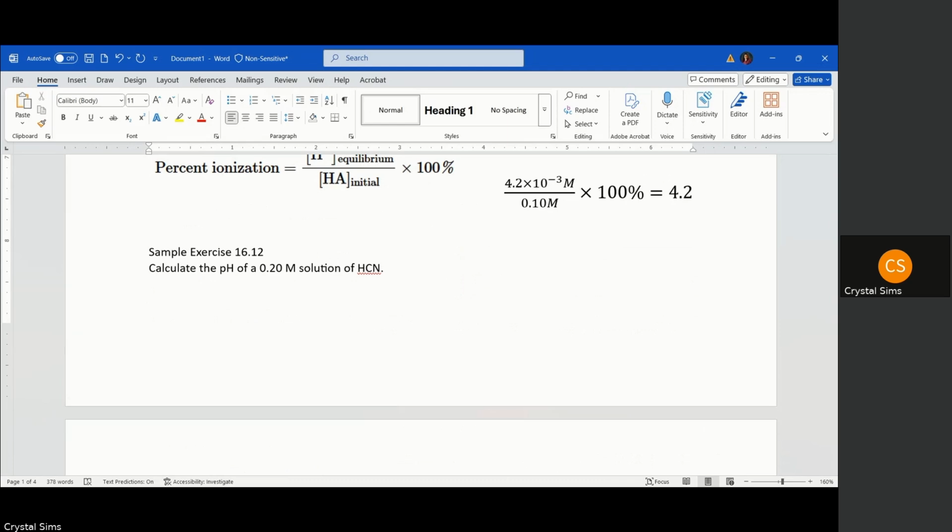So this time we have to calculate pH. So before we were given pH and asked to calculate Ka. This time we're going to be able to look up our Ka value, and we're going to use that to then calculate our pH.